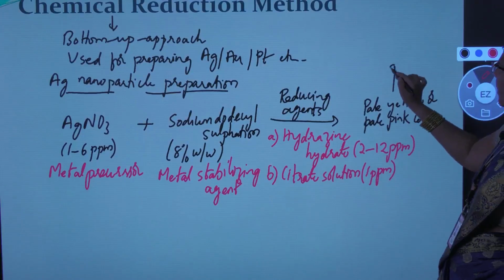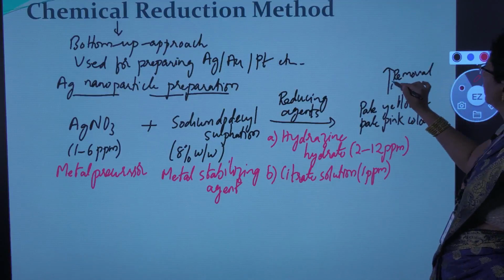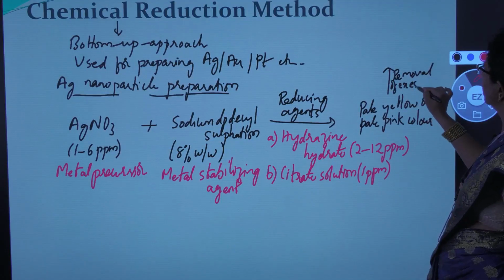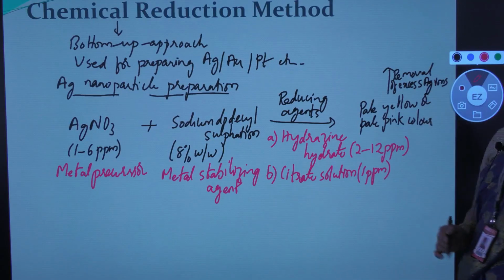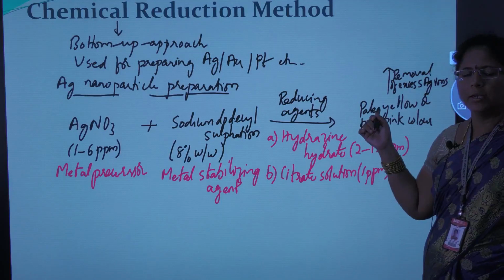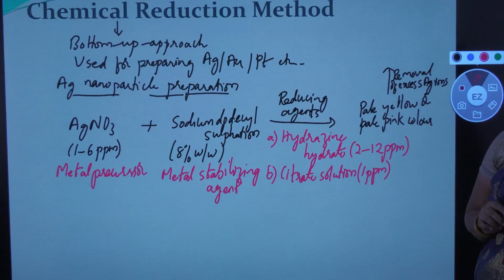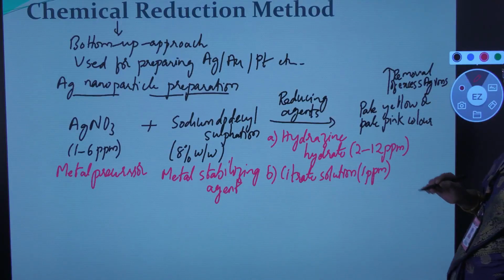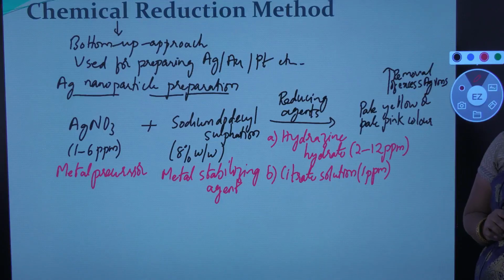So next what we have to do is removal of excess silver ions. How can we remove them? By washing with deionized water under a stream of nitrogen 3 times. As a result, excess silver ions will be removed.